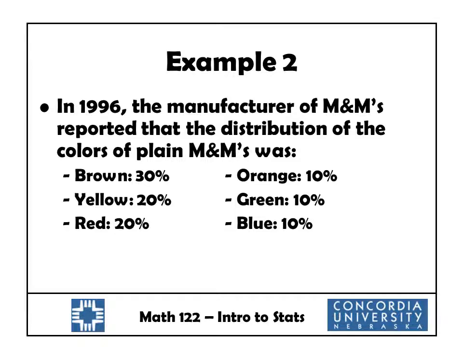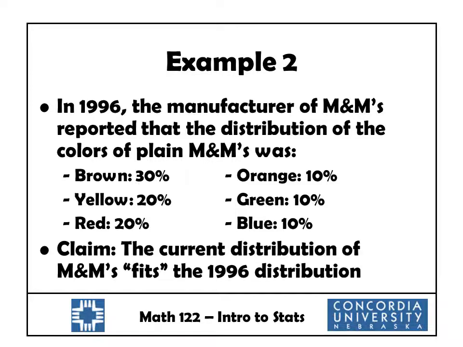Now in our second example, in 1996 the manufacturer of M&Ms reported that the distribution of the colors of plain M&Ms was 30% were brown, 20% were yellow, 20% were red, etc. And so a few semesters ago in my class we tested if this distribution really still applied to current M&Ms.